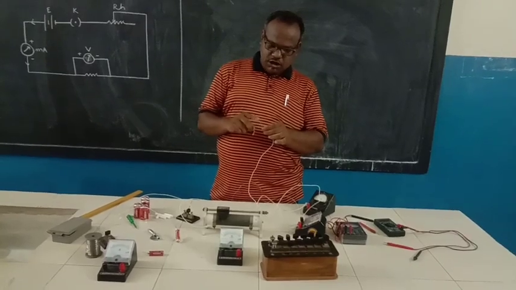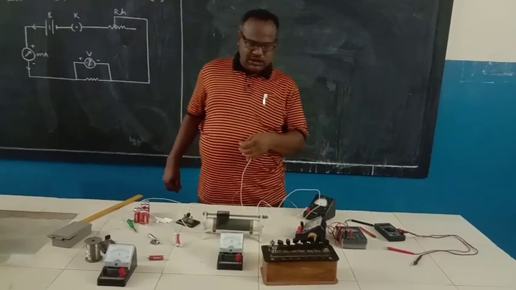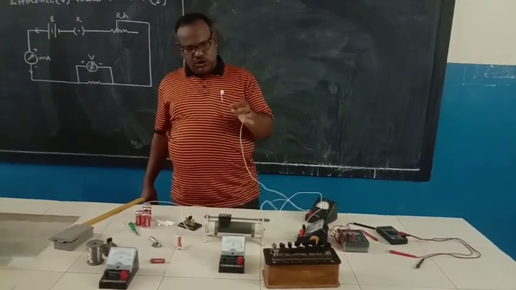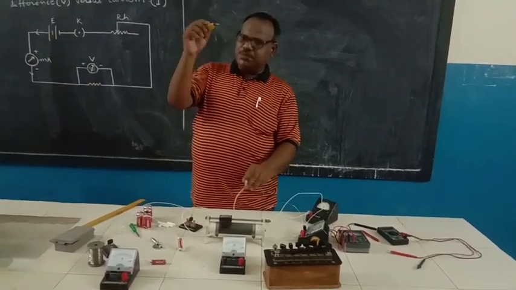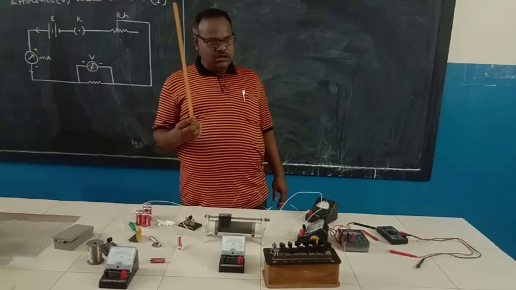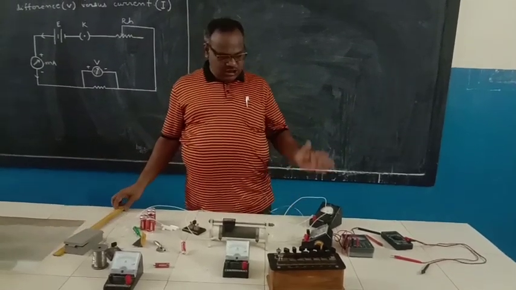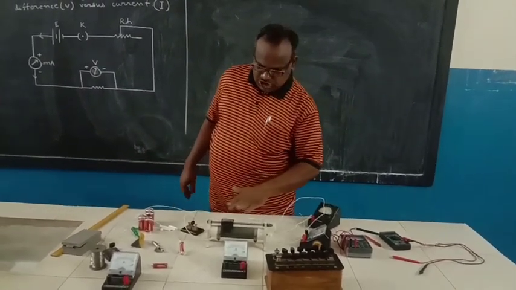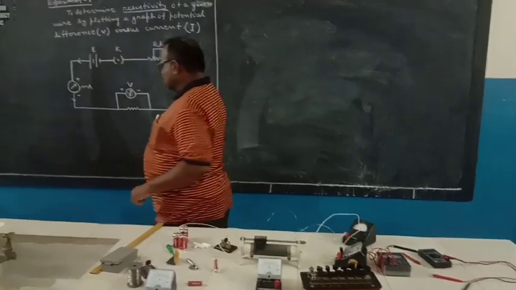If it is not rubbed properly, sometimes you cannot get the proper reading. So the sandpaper is also used here, and a scale which will measure the length. So these are the things we are using in this experiment.